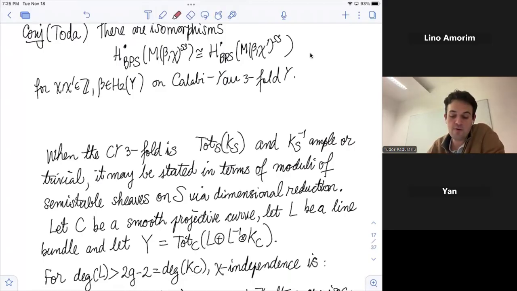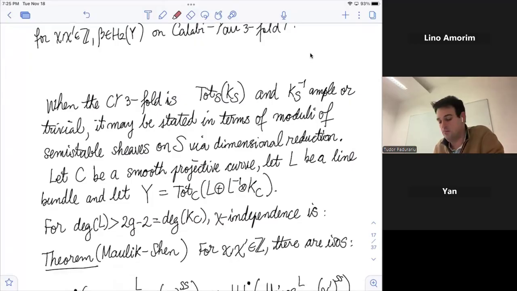But one may try to see what it says when the Calabi-Yau threefold is a local surface or a local curve. Then we may use dimensional reduction and move to a statement involving some piece in the Borel-Moore homology of a stack of semi-stable sheaves on the surface, which is a more classical object.